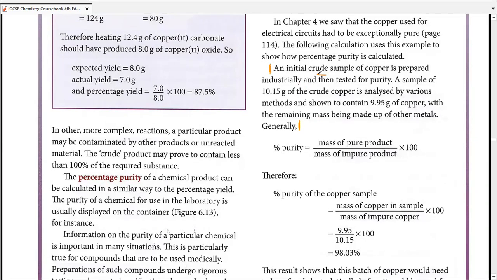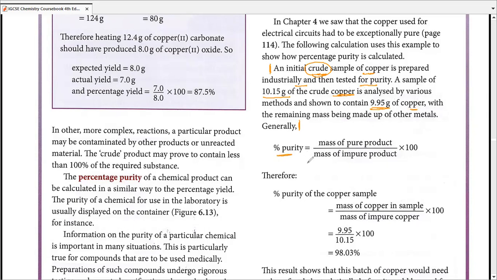An initial crude or impure sample of copper, crude means impure, is prepared industrially. It is then tested for purity. 10.15 grams of a sample of impure copper was analyzed by various methods, and it showed that it contains 9.95 grams of pure copper, and the remaining mass is made up of other metals, simply the impurities.